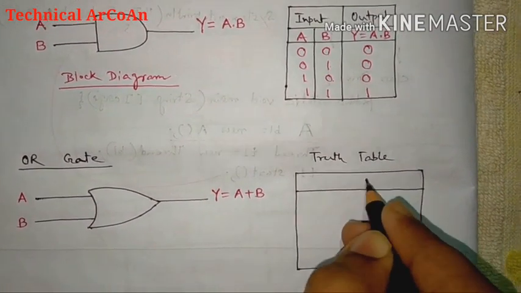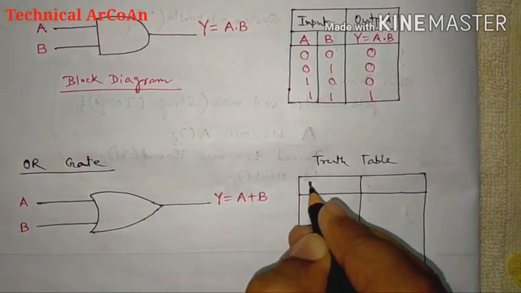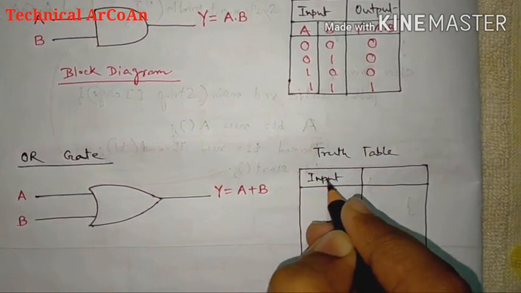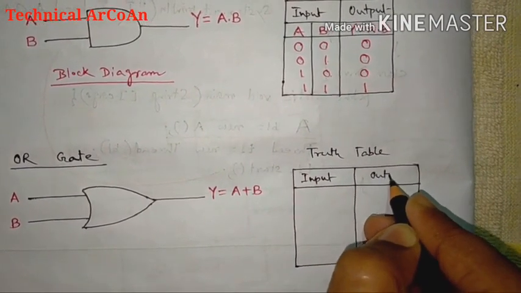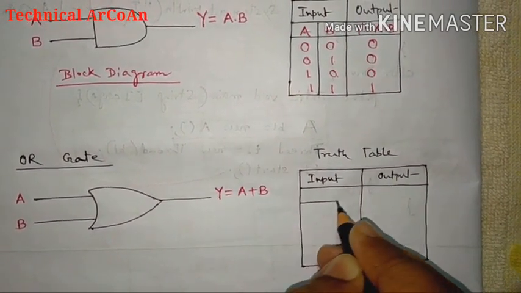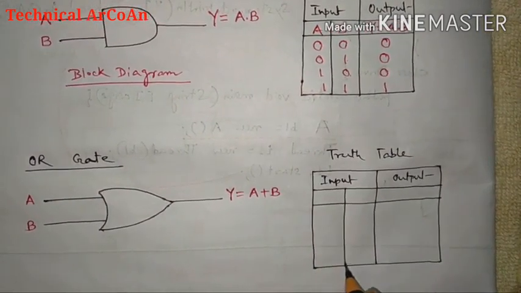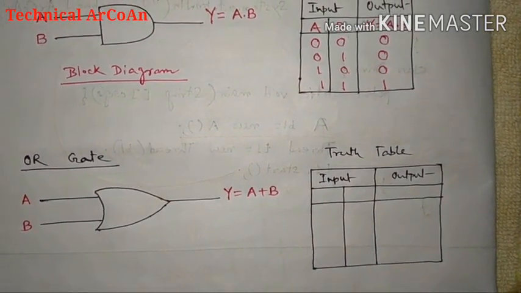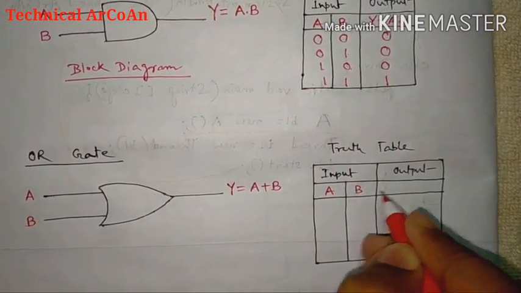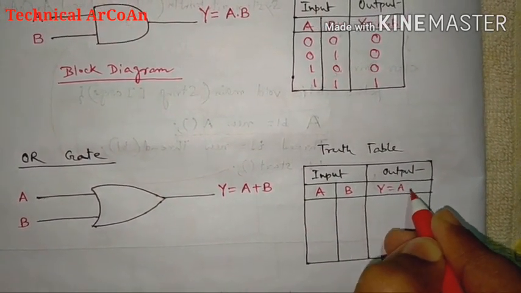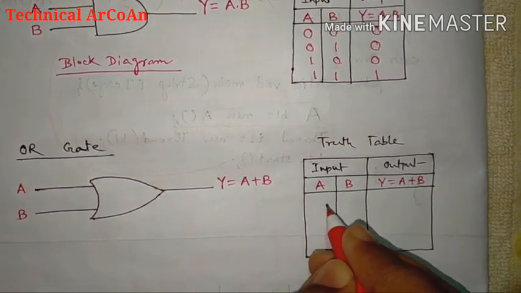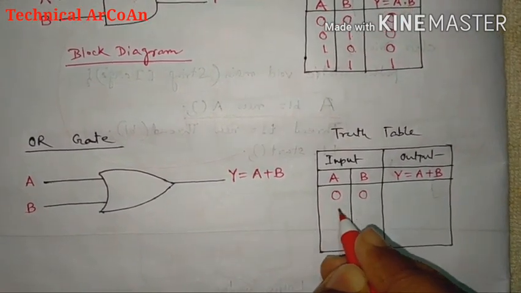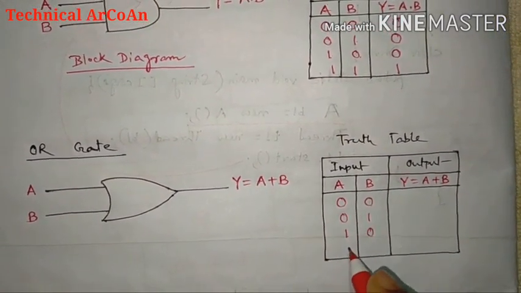We first divide it into two parts: one part is the input and another part is the output. The input has two parts, A and B, and the result is Y equal to A plus B. Now we put the values: 0 0, 0 1, 1 0 and 1 1.